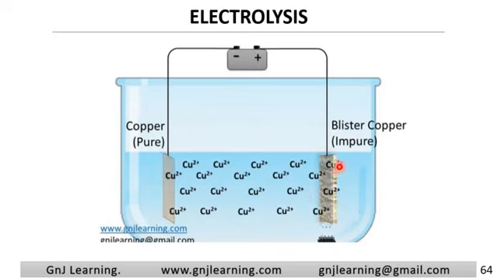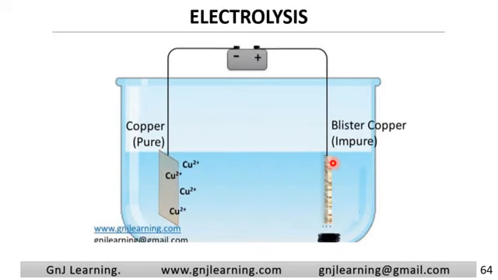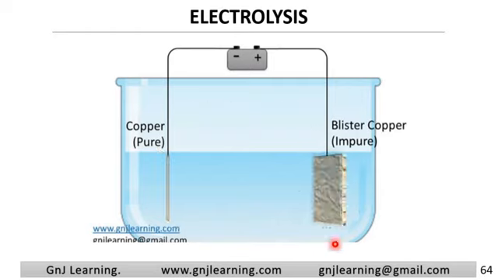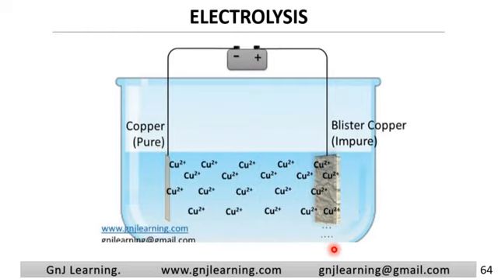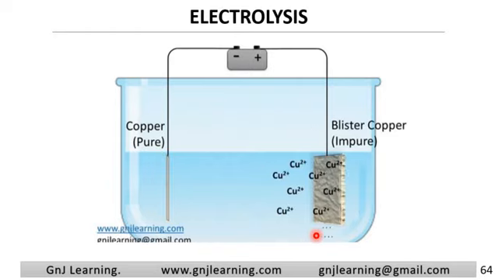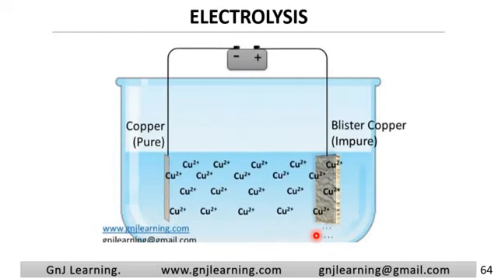In the process, this impure metal has a lot of impurities inside it. Those impurities will fall down beneath that electrode. This is the anode, and the impurities coming from that anode are called anode mud, which we will learn later in detail.